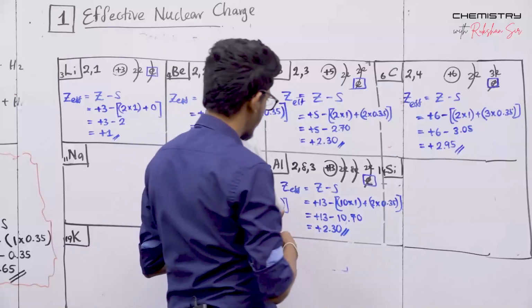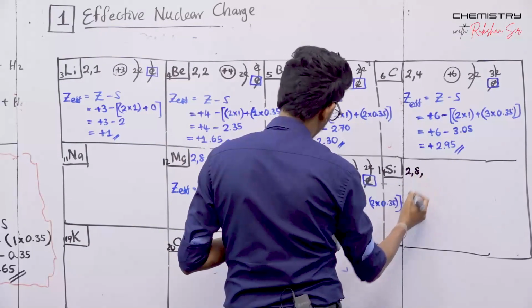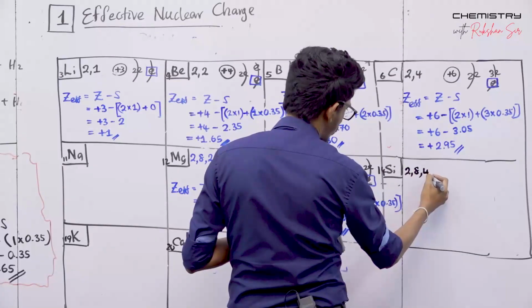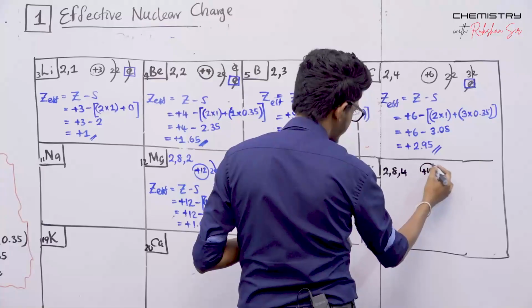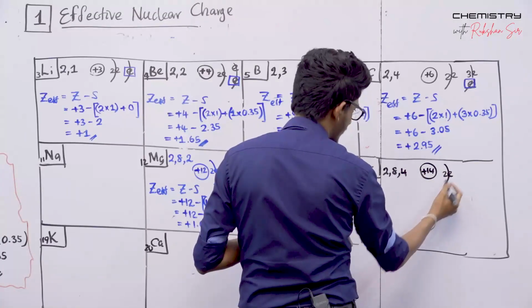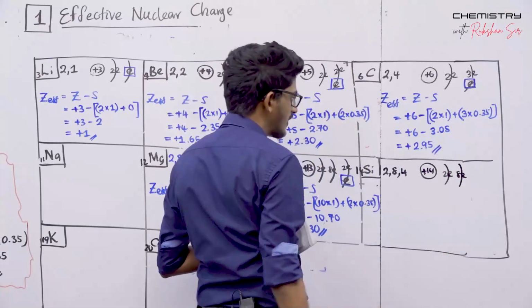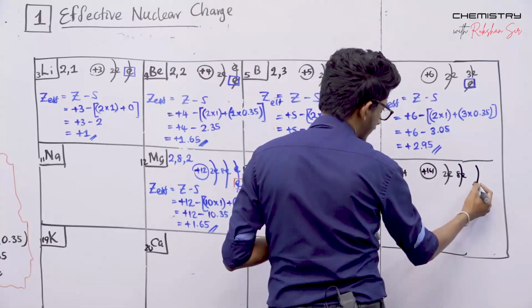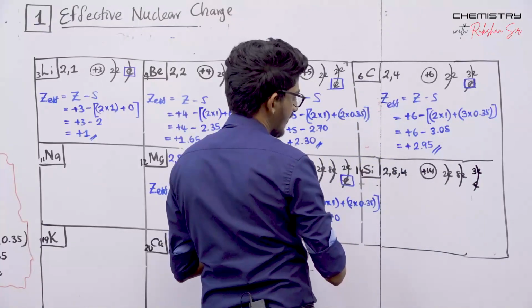For the silicon, let's do it, that is 2, 8, 4. So that is your 14th atom, 2 electrons at the first level, 8 electrons at the second energy level, and other than the considering electron, you have 3 electrons at the last energy level.